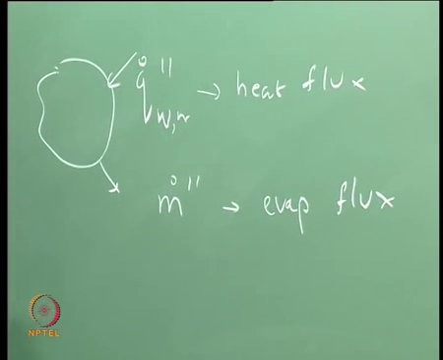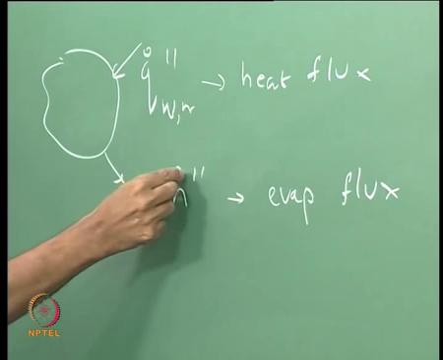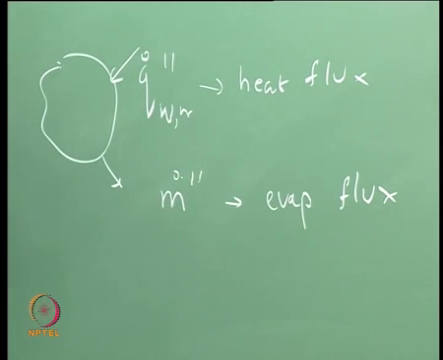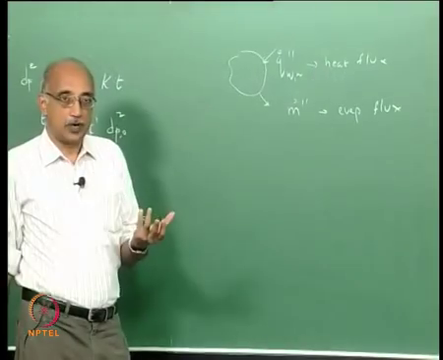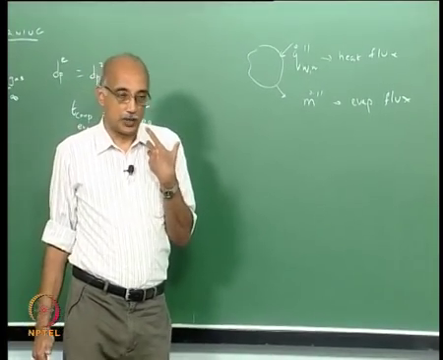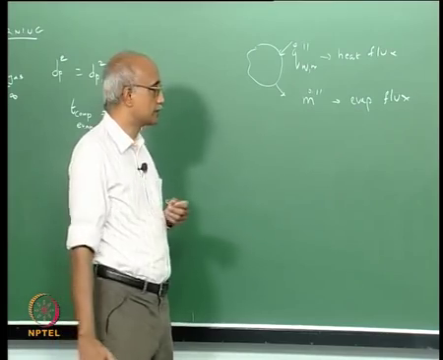Again, following the notation we have used in this course, the dot stands for per unit time and the double prime stands for per unit area. So, the heat flux that is supplied by the hot gas to the droplet causes a mass flux in the form of evaporation from the droplet or particle into the hot gas.